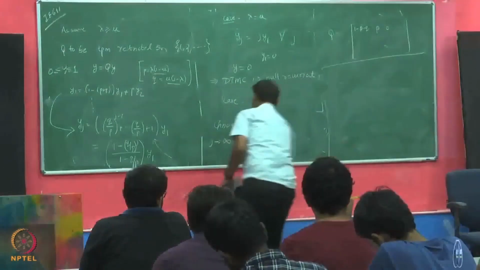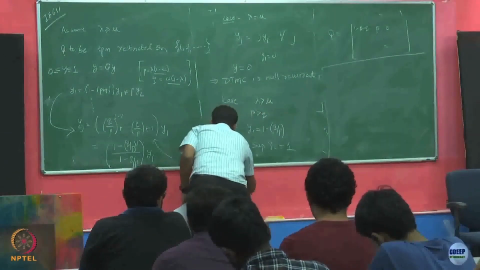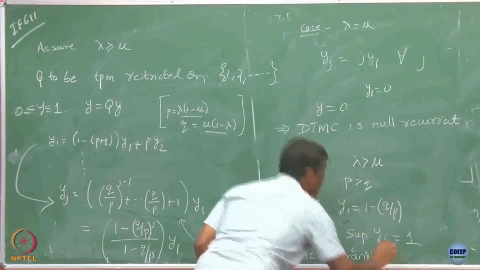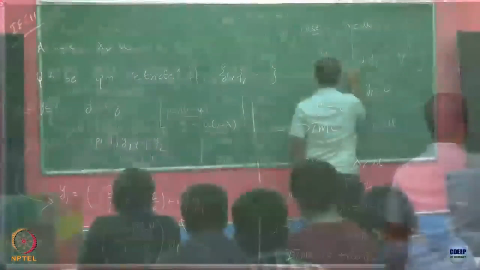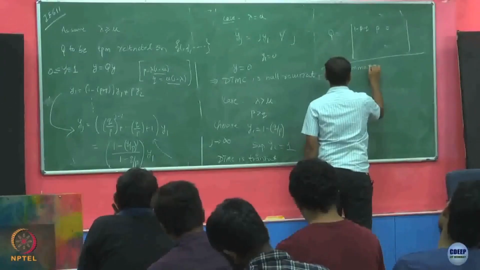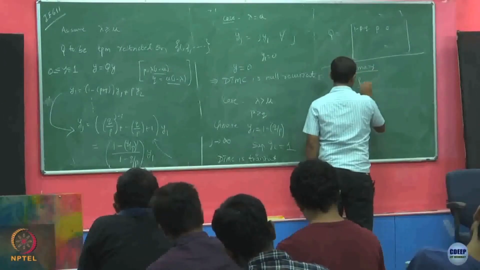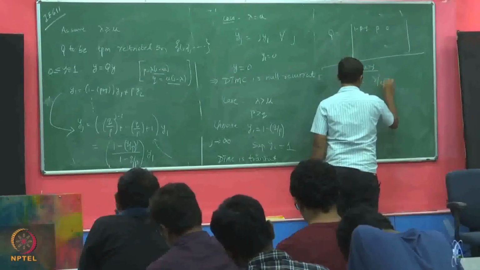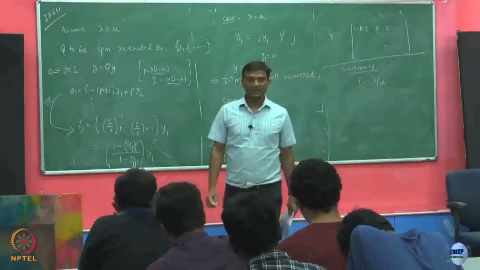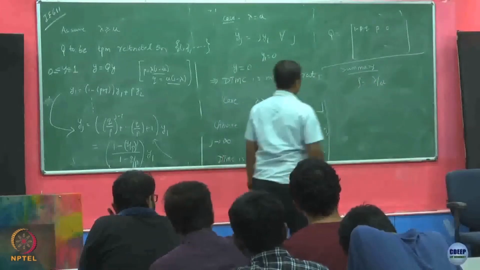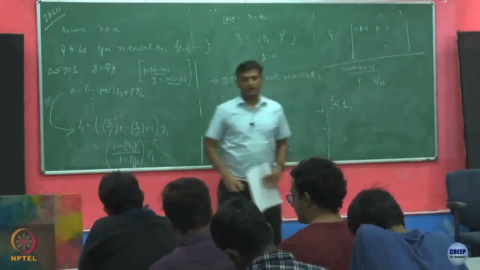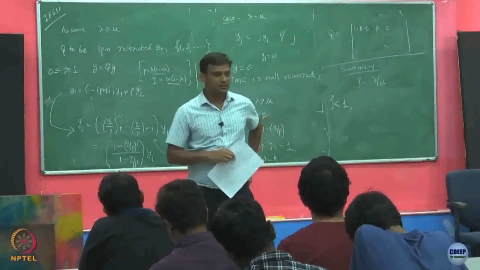So just to summarize, let's write rho to be lambda by mu. What we showed is, when rho is strictly less than 1, my DTMC is what?